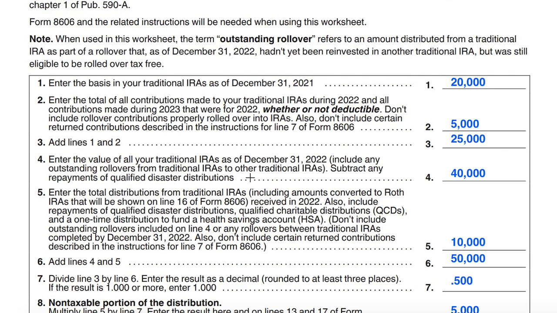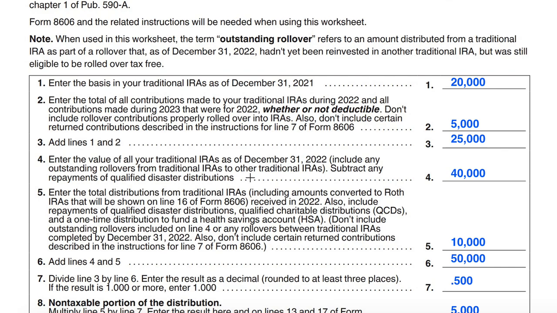Any QCDs, any one-time distributions to fund an HSA, but you would not include any outstanding rollovers that you included on line 4, and you're not going to include any rollovers between traditional IRAs that were completed by the end of the year. So also don't include the certain return contributions.